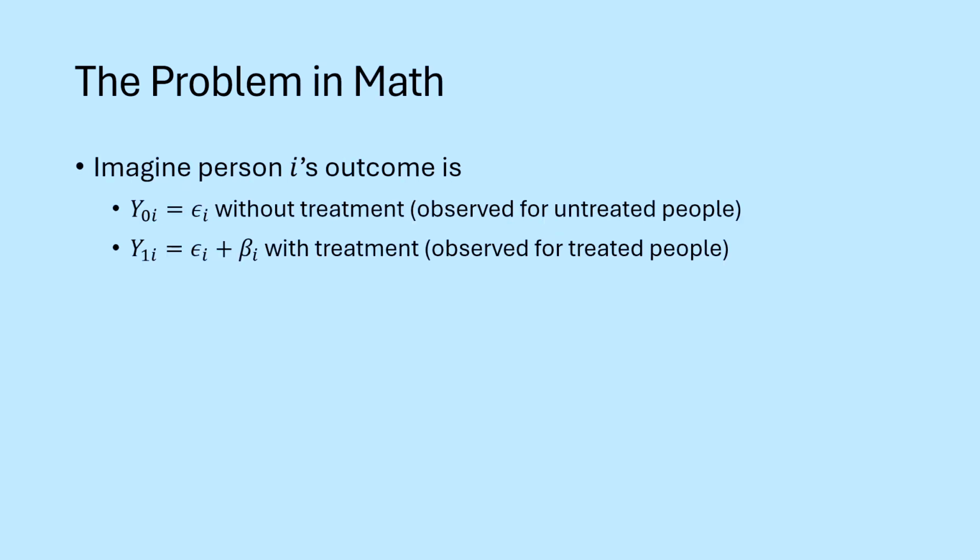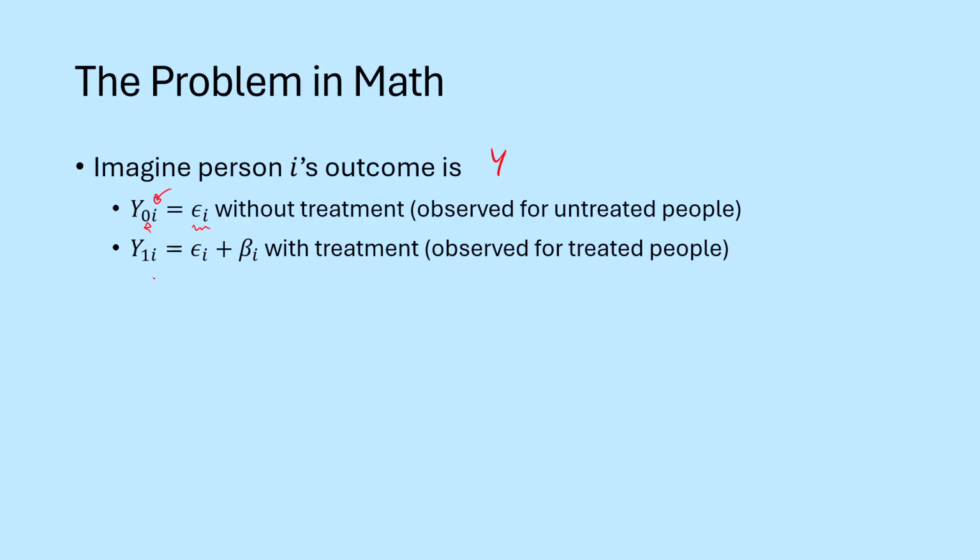So to explain it in math, imagine that a person i's outcome is y, and then it's going to be one of two different things. Y0 corresponds to the untreated outcome, and we'll say that this is, for each person, some epsilon i. That epsilon i, you can think about it as just their individual characteristics. If you didn't give this person the drug, if you didn't give them the treatment, what are their individual characteristics going to lead to for that outcome?